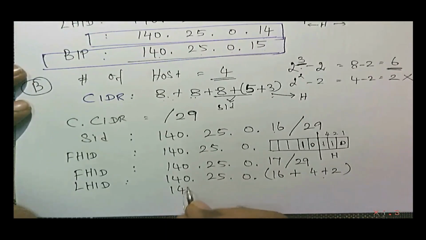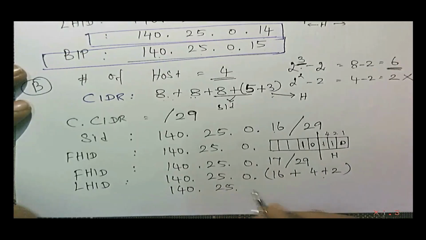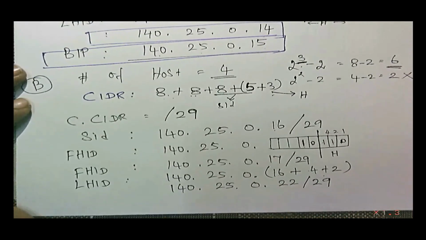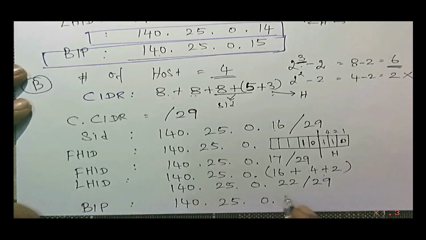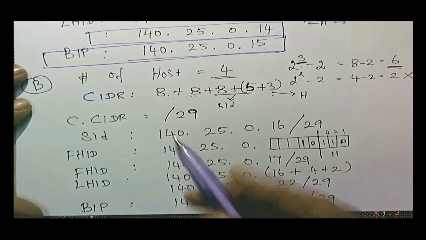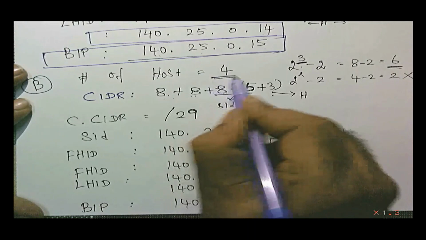So 16 plus 4 plus 2 is 22, so 22 /29 is going to be your last host ID. Then your broadcast IP address is plus 1, so 140.25.0.23 /29.